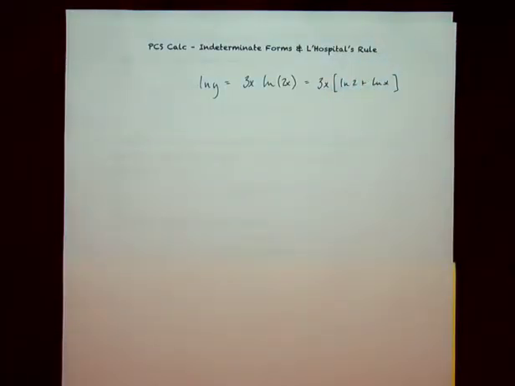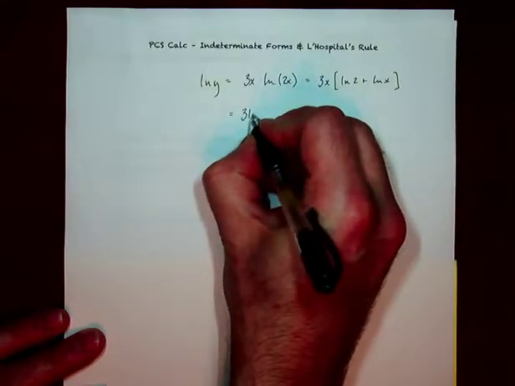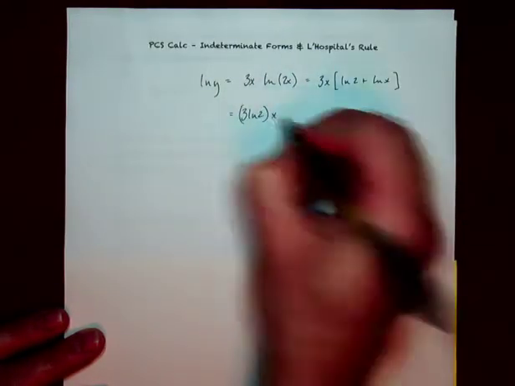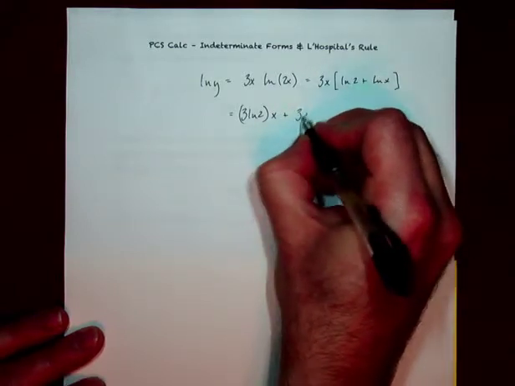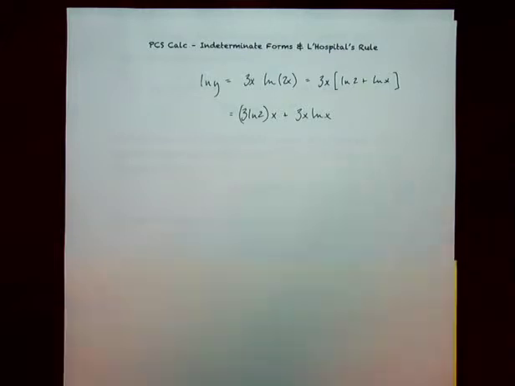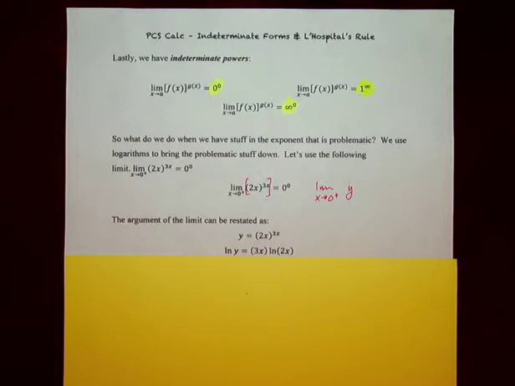You don't have to. And basically that then becomes 3 natural log 2 x plus 3x natural log x. I don't recommend doing that. It's not going to be all that efficient, especially considering that we're going to be taking the limit of that natural log y.